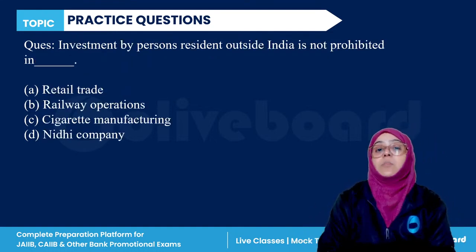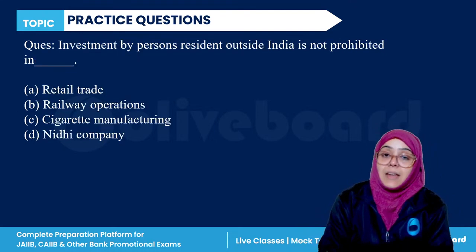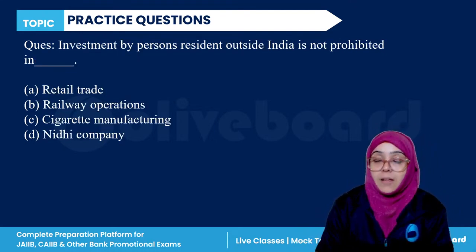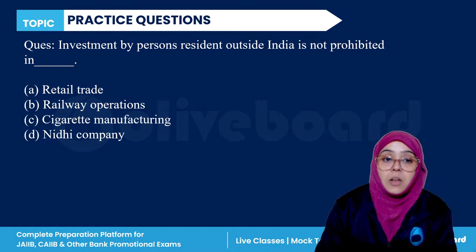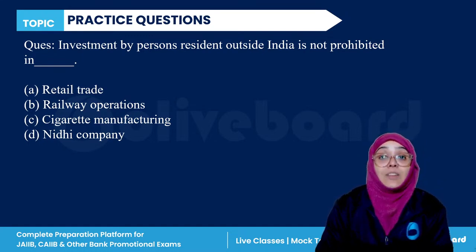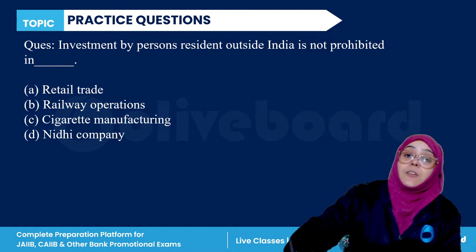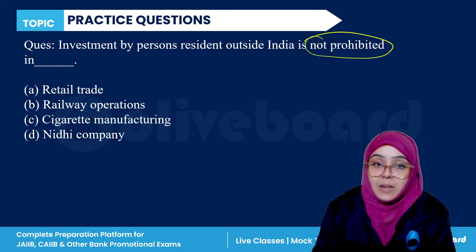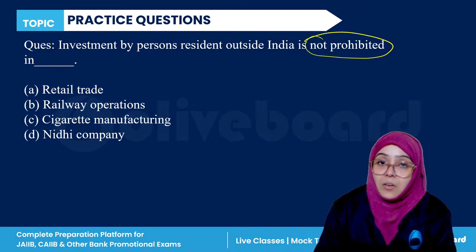Next, investment by a person resident outside India is not prohibited in which of the following areas? Retail trade, railway operations, cigarette manufacturing, or Nidhi companies. I am asking you under which area it is not prohibited.